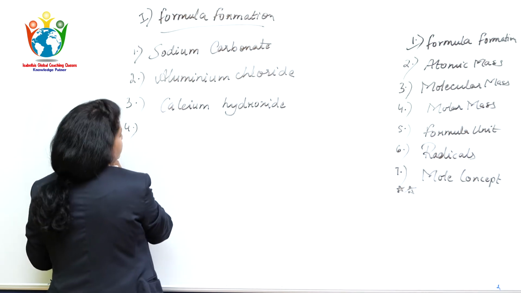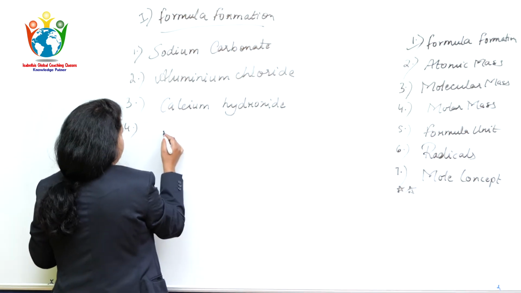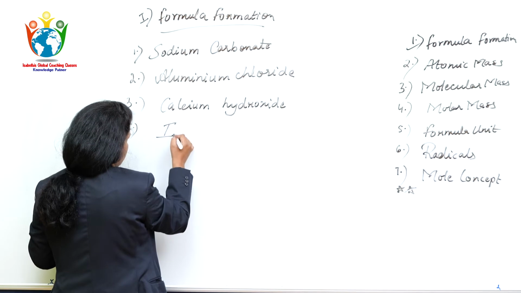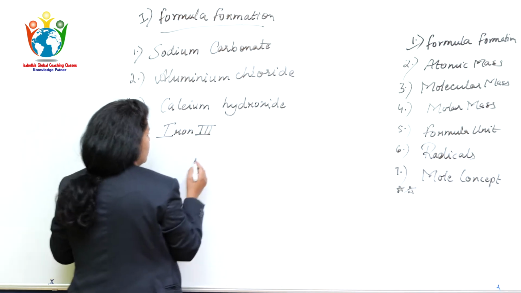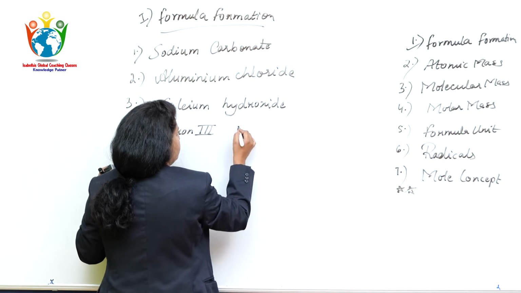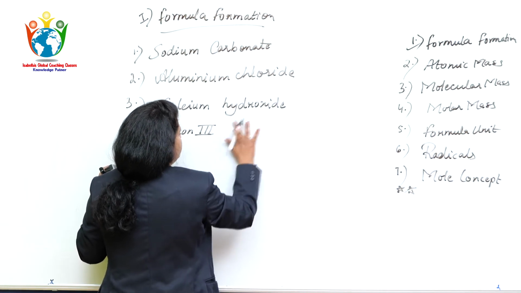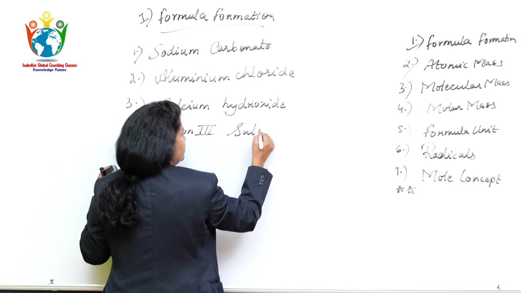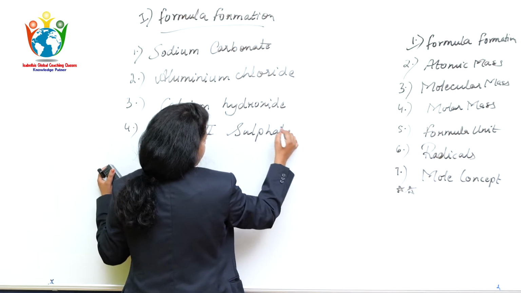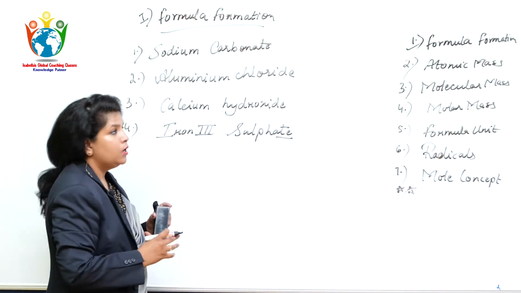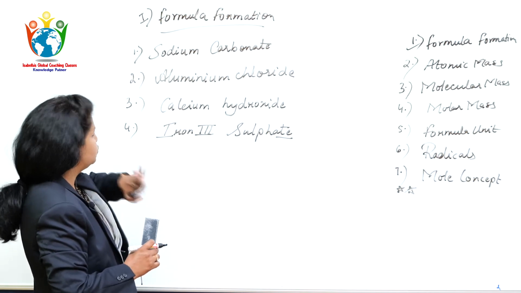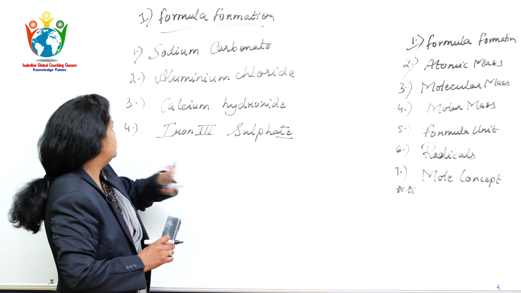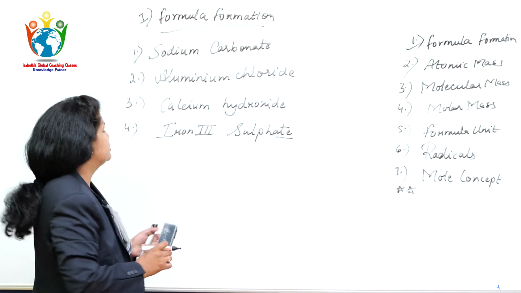Fourth one, we have iron 3 sulfate. Carbonate I have already taken, so I will take sulfate. ATE, you just see the suffix. Now I'll frame these questions for you so you will understand. We'll do more questions on this. We'll do at least 6 questions in order to make you understand.